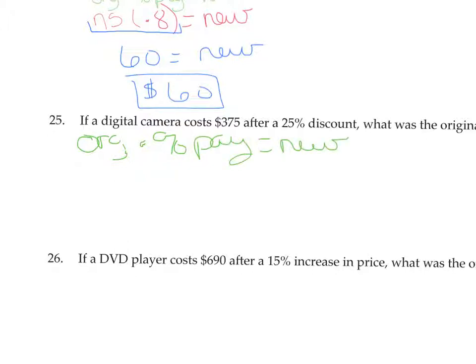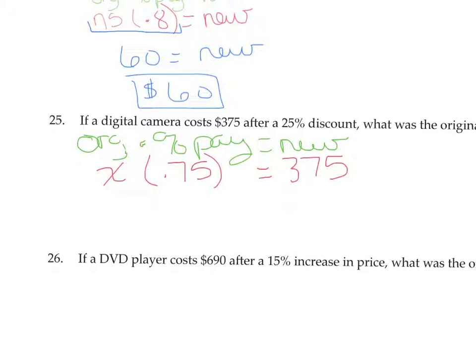All right, we don't know the original this time. We know the new price is $375. The original is X. What percent are we paying? If it's a 25% discount, that means they took 25% off and 75% are left because they're always taking it off of 100%. So we have X times 0.75 equals 375.